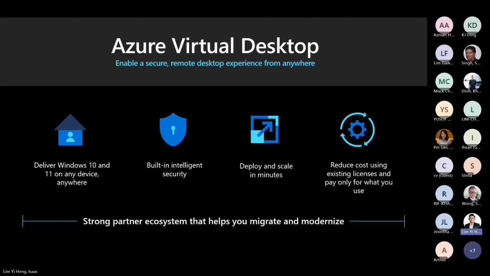To do that, we need to think holistically, from protecting our identity, the personal devices our employees are using, the network, the storage, the compute infrastructure, and of course the data. Virtual Desktop integrates with Microsoft security tools that can secure each of these components, and also with additional capabilities such as threat protection and SIEM that allow us to get end-to-end visibility.